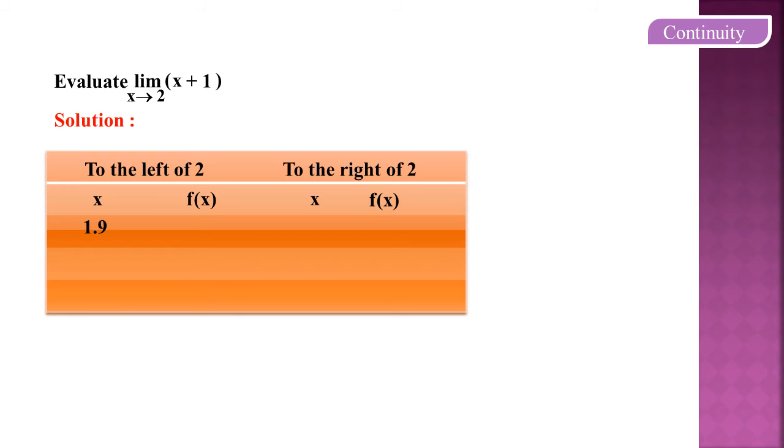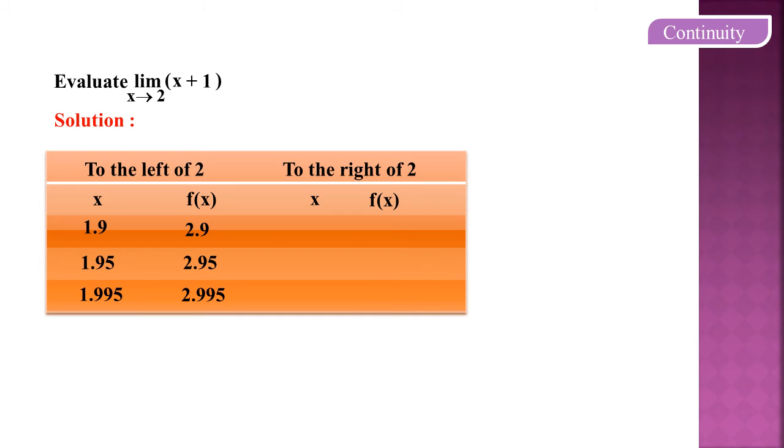Substituting it in the function x plus 1, we get 1.9 plus 1 is 2.9. Similarly 1.95, the output is 2.95. 1.995, the output is 2.995. So what you can observe, as x is approaching 2, f of x is approaching 3.